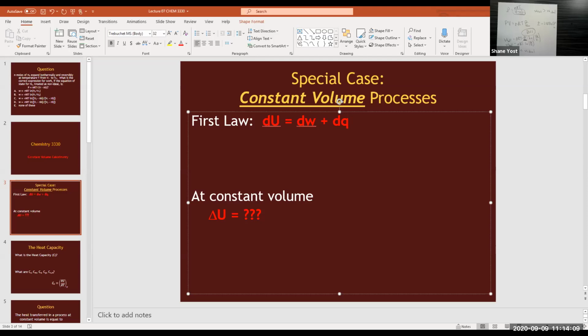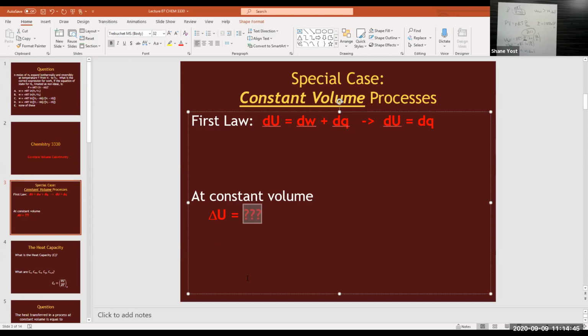And so at constant volume, what does dU become? Yeah, just dQ, because at constant volume there's no expansion work. Expansion work requires expansion.